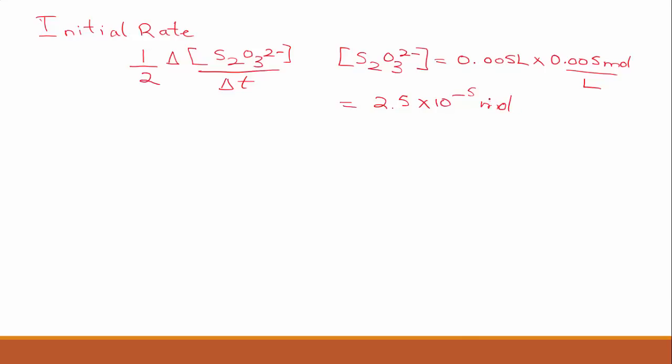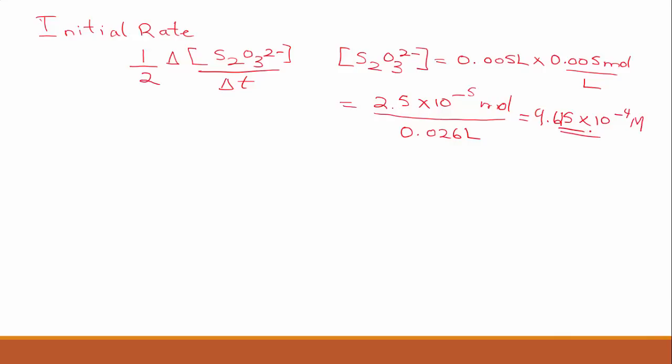And again, the total volume was 26 milliliters. That's 0.026 liters, which equals 9.615 in my case, times 10 to the negative 4 moles per liter. I'm not going to worry about sig figs.